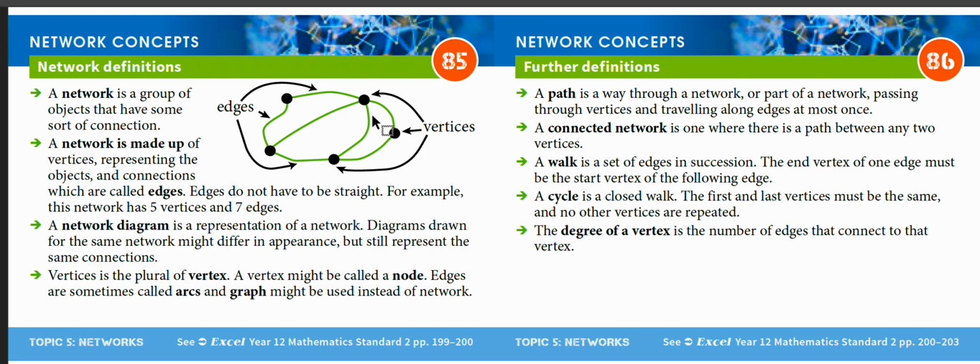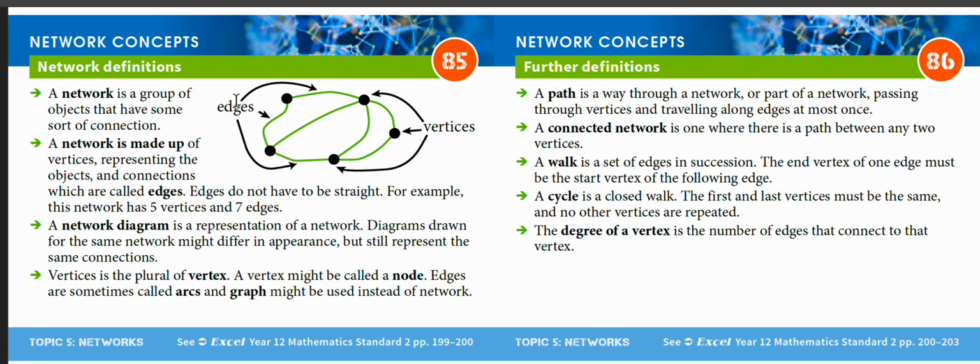Vertex is the singular form of vertices. Now edges are these green lines. Most of the time, when I draw my network, I think they have to be straight, but not necessarily. The edges can be curved.